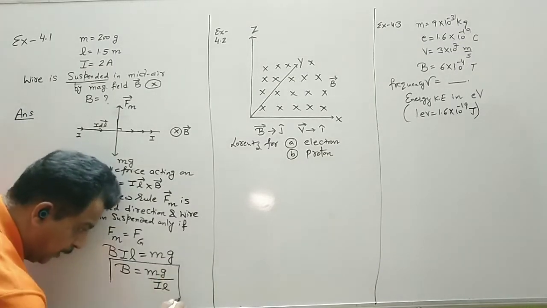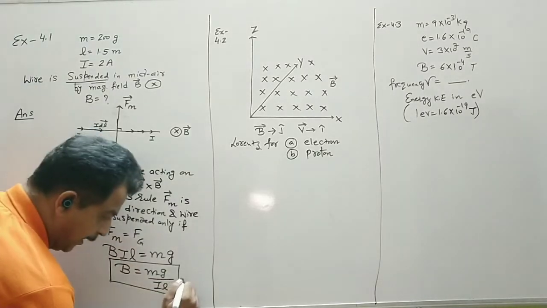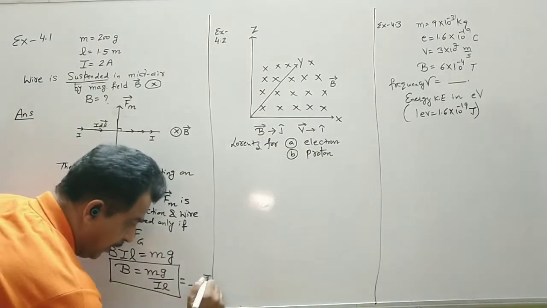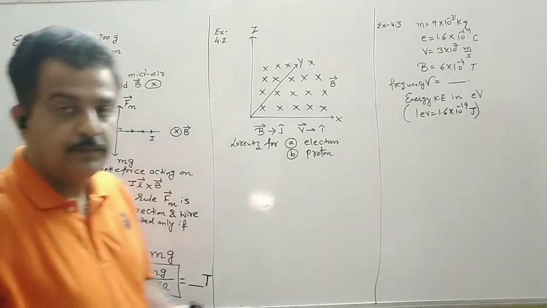This is the formula. All the values are given to us. The mass is given, which should be converted into kg. G we know, I is given, L is given. So you substitute these values and we will get the magnetic field. The unit is Tesla. So this is example 1.